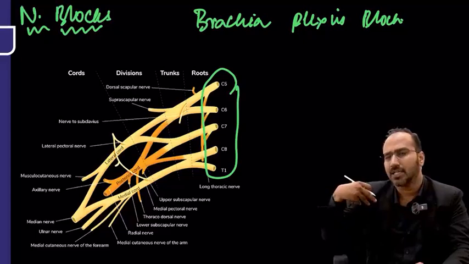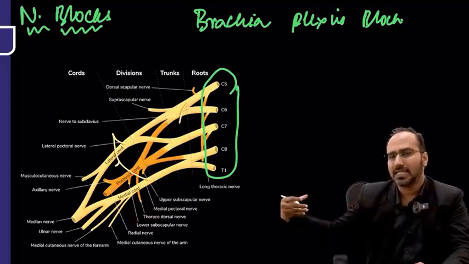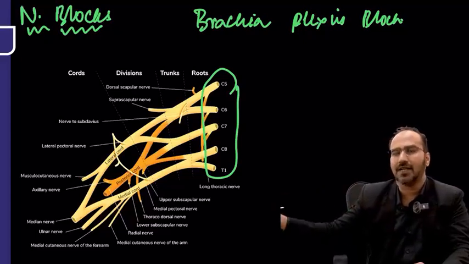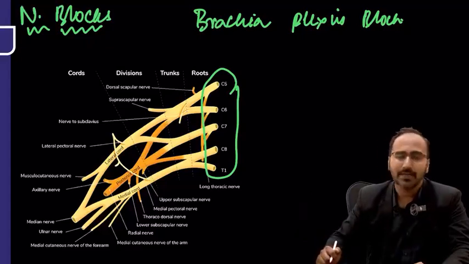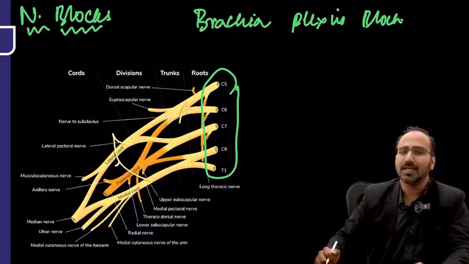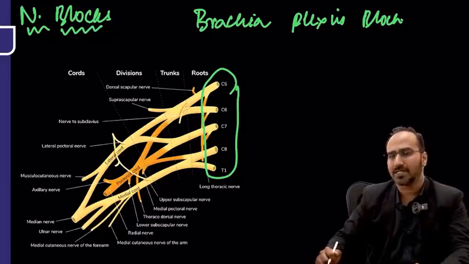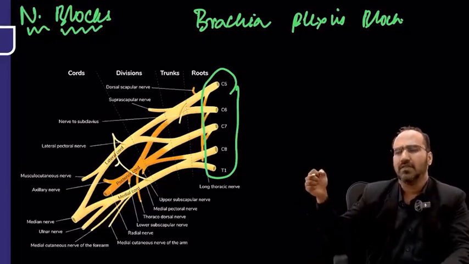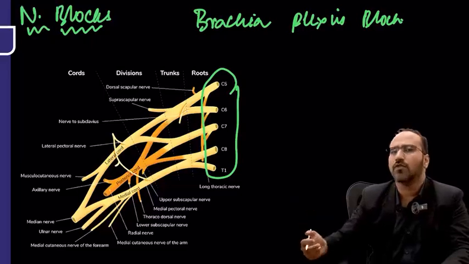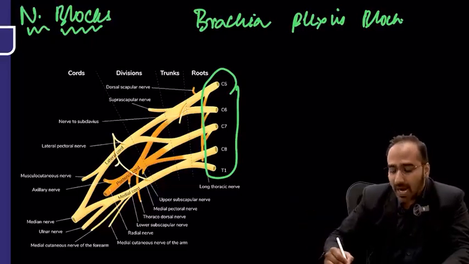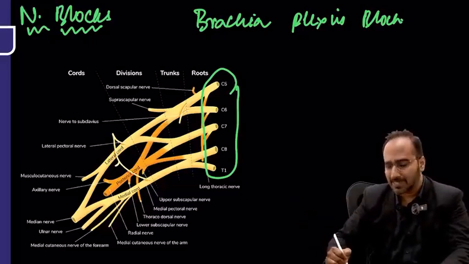The brachial plexus is responsible for the sensations and the motor activity of the upper limb. Now guys, if you want to block the brachial plexus, there should be an indication. If the patient has a fracture of the hand or any part of the hand, you can go for brachial plexus block. But how will you block the brachial plexus?